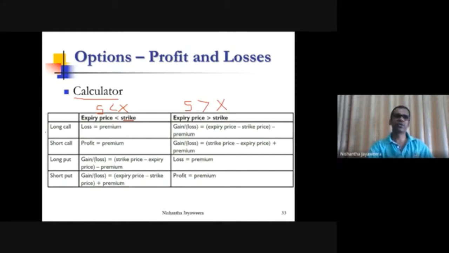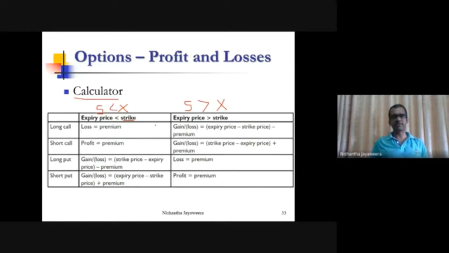So for a long call option, when the spot price is less than the strike price, do you exercise your right? When the spot price is less than strike and you bought a call option, you don't exercise your right because you can buy the underlying asset from the market at a lower price than the strike price.